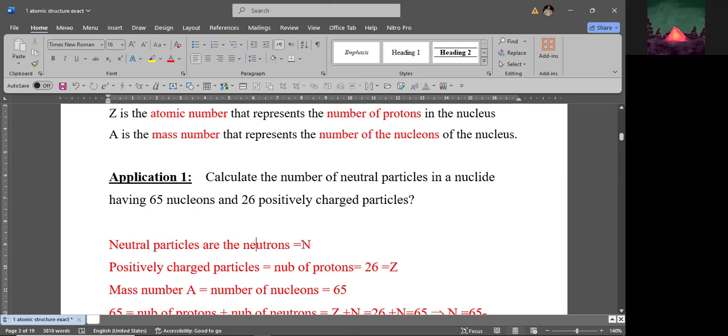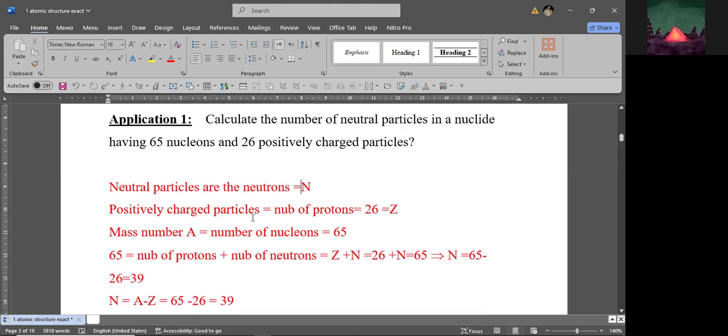They are represented by capital N. The positively charged particles are the protons, and the number of protons is 26. We define that positively charged particles are the protons, so the number of protons equals 26, while the mass number A is given as 65.